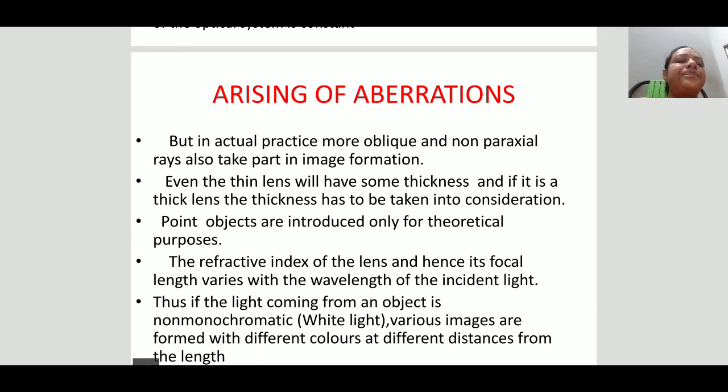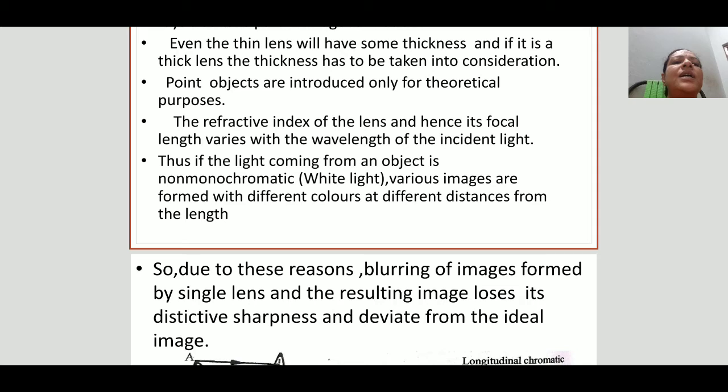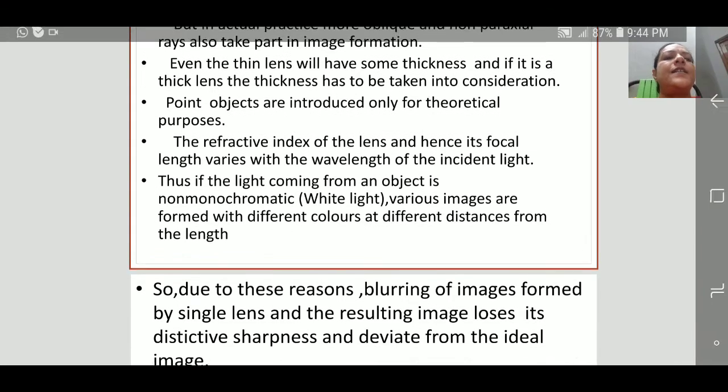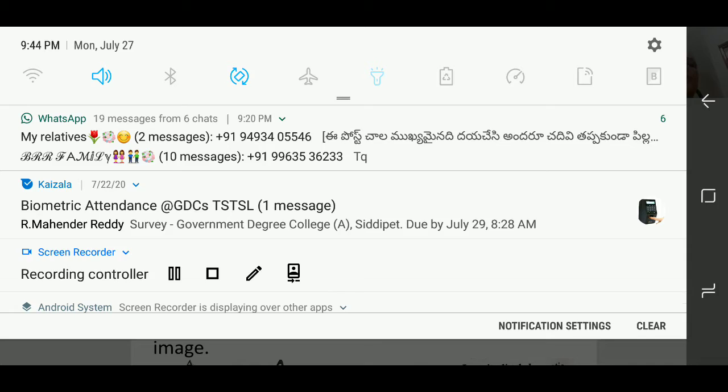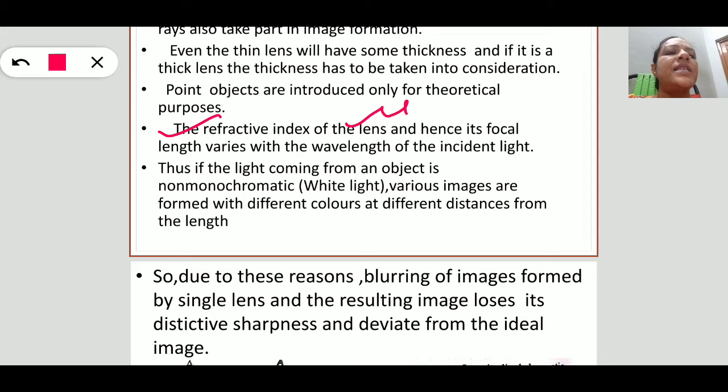Next, again and again we say consider a point object, but these point objects are introduced only for theoretical purposes, not for practical purposes. Similarly, if we consider a thick lens, the refractive index mu changes and the focal length also changes.